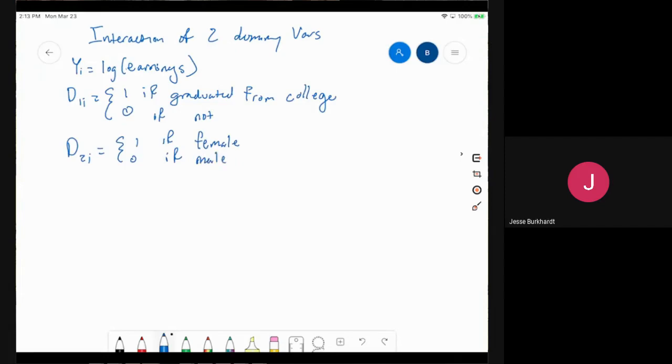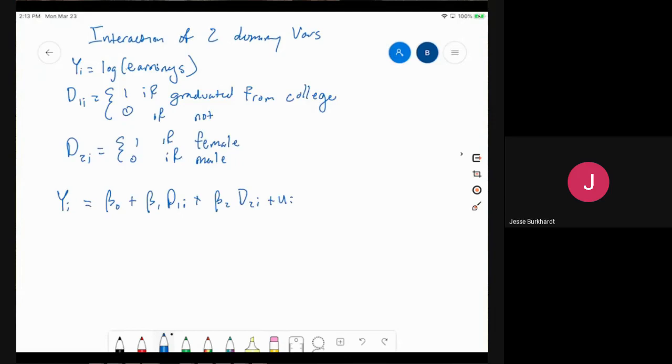Our regression function is going to be the following. Suppose we have a regression that looks like this. We're going to assume that's our model. What's the problem with this model?